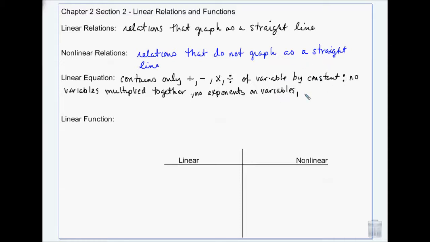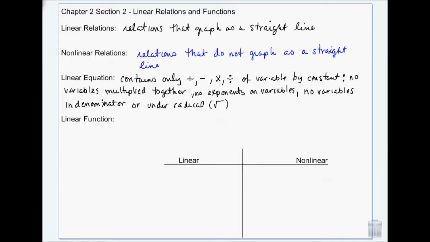There can be no variables in a denominator, or under a radical sign. Radical is like a square root. Okay. So if you're linear, you can't have any of those things.